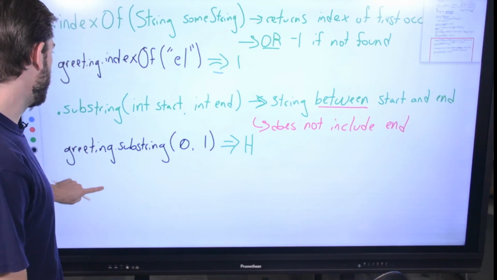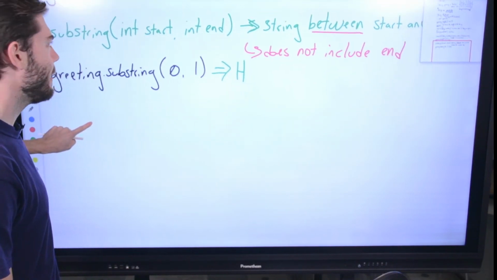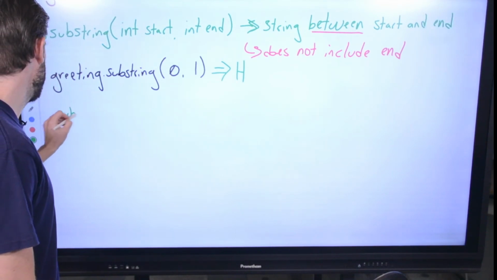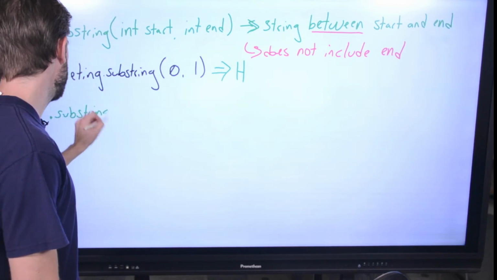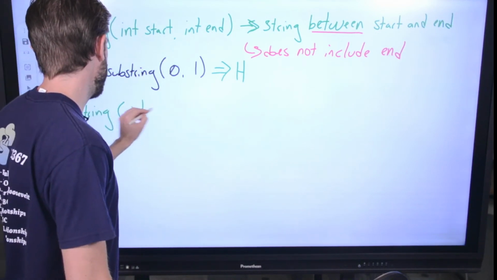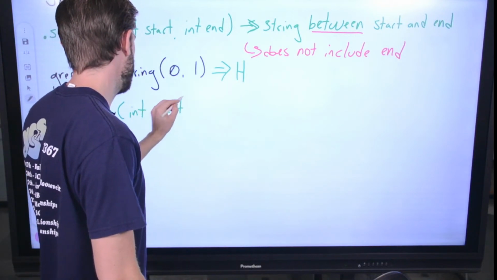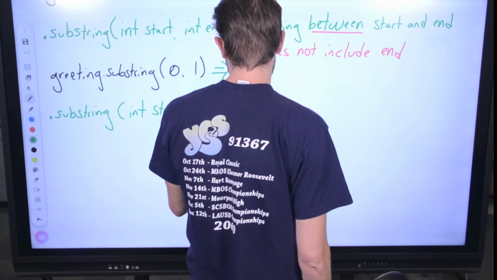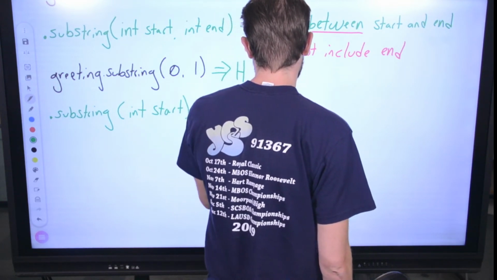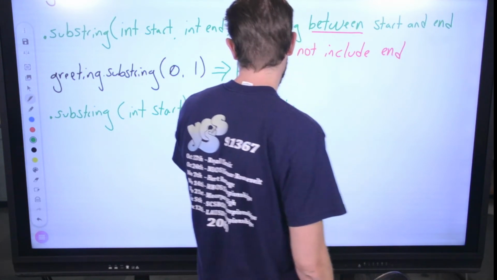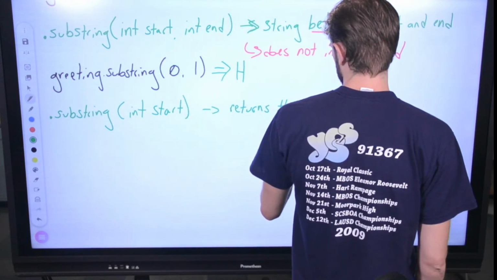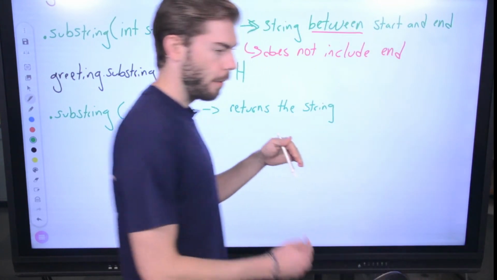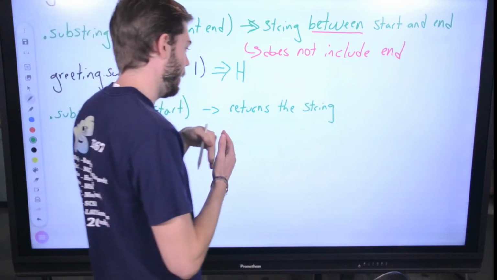There's a similar version of substring that omits the end. So if we simply write dot substring, int start, it will return the string from wherever that index is all the way to the end of the string.